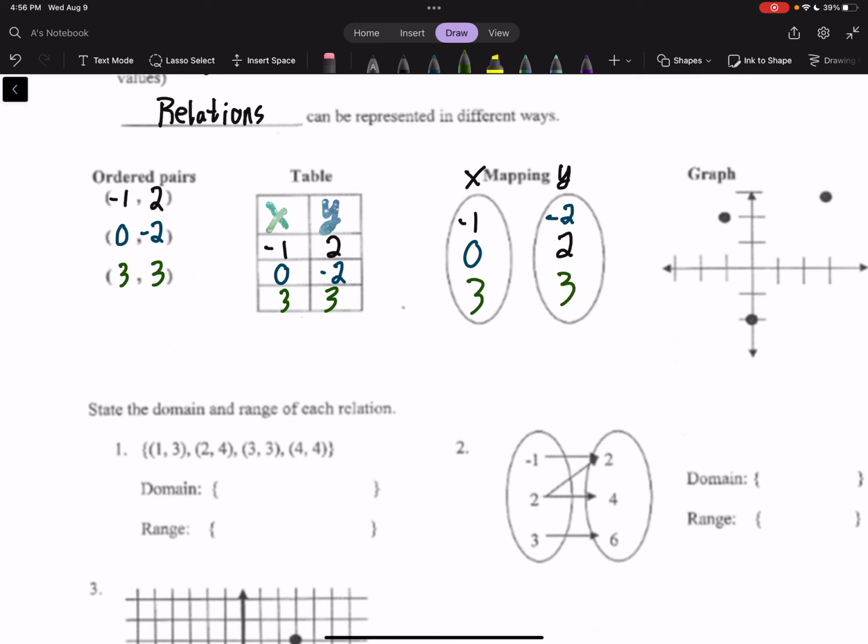Mapping is the one that, as a student, I'd always forget, because it's hardly shown. It's easier, in my opinion, to do either a table or ordered pairs, or even a graph, than it is to do mapping. But mapping, you denote which x value goes to which y value by drawing arrows.